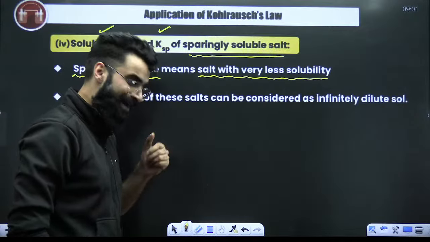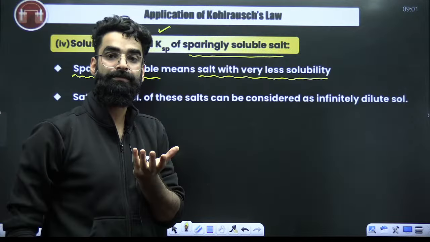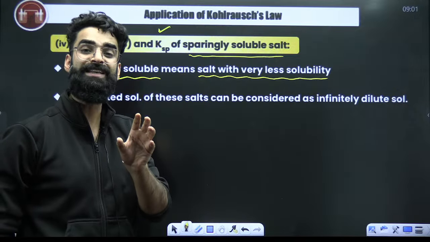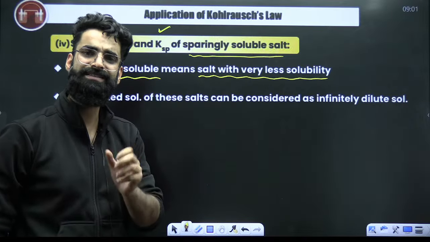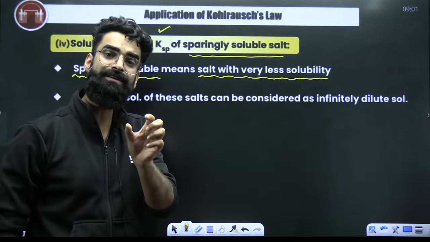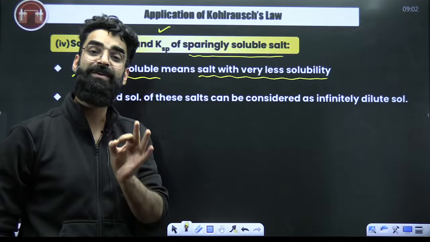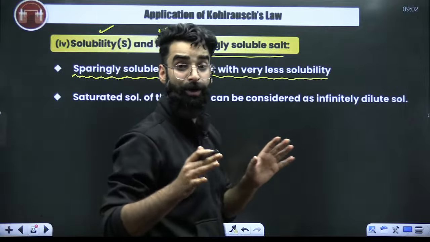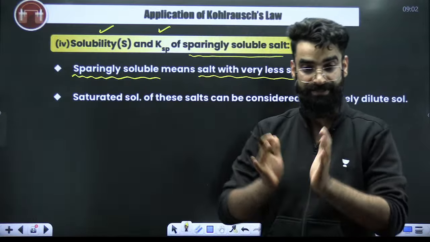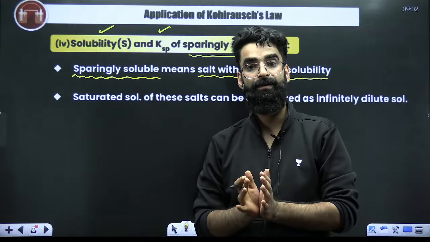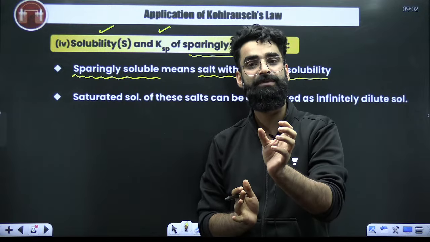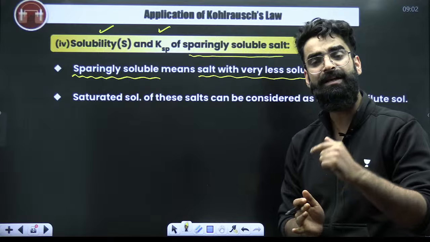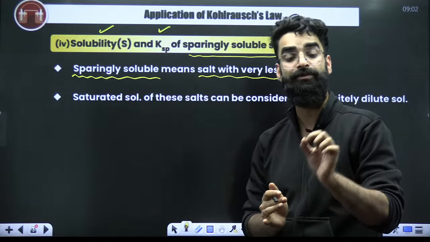So imagine that you have got a solution in which you have a sparingly soluble salt. That salt is very less soluble. What does that mean? That means the concentration of the salt in the solution will be very, very less.